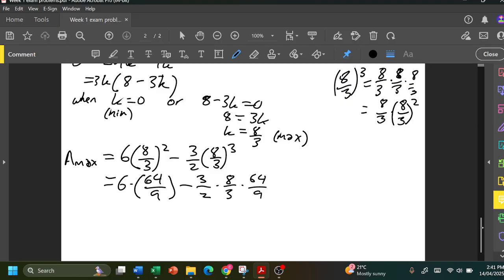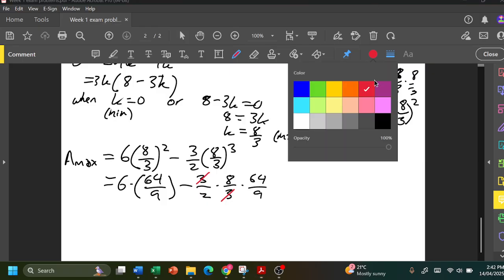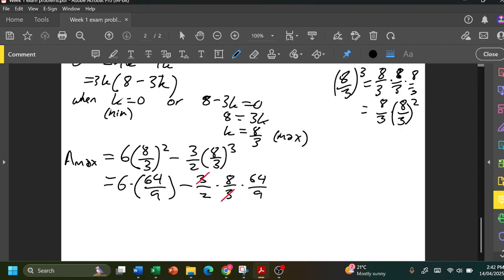So 3 over 2 times 8 over 3 times 64 over 9. And then what we might notice is that we've got a 3 up here and a 3 down there. They're going to cancel out. And now both of these two terms have a common factor of 64 over 9. So I might just take that out the front here, 64 over 9.